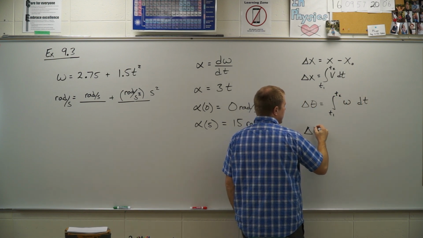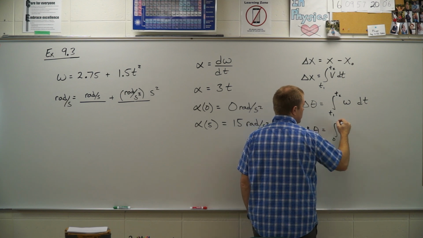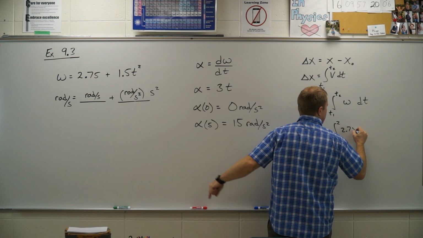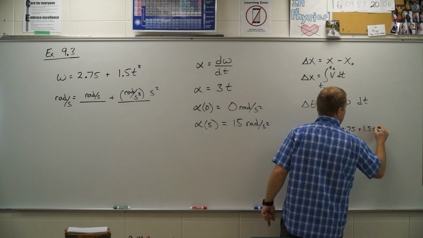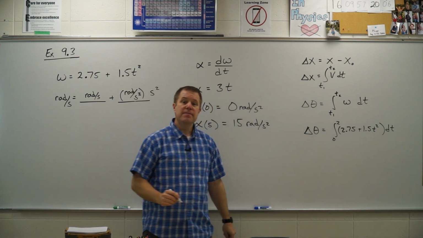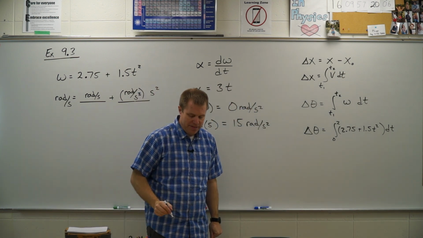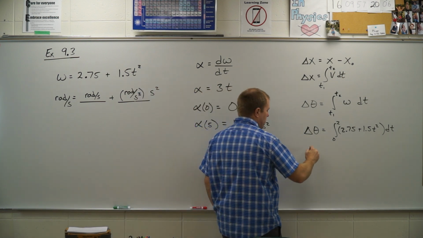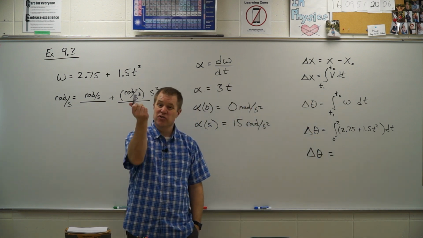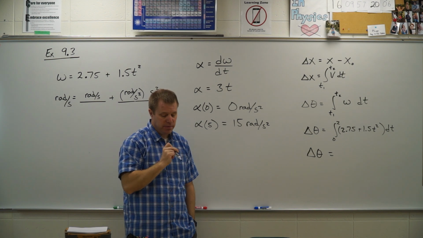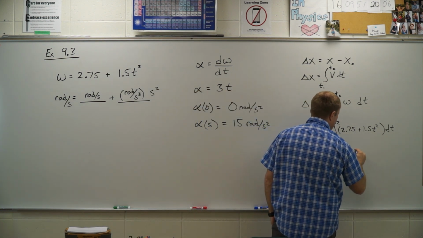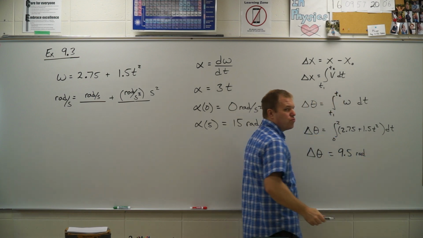And so my delta theta here is going to be from 0 to 2 seconds of my omega function, which is 2.75 plus 1.5 t squared dt. Put that in your calculator, math 9 it, and you'll come up with a delta theta, the number of radians it's turned through, the angular displacement, if you will, of 9.5 radians.